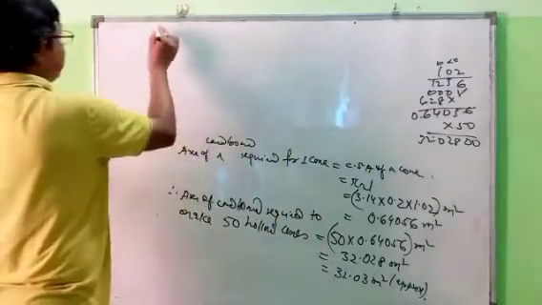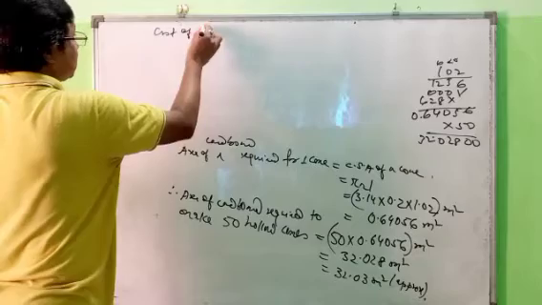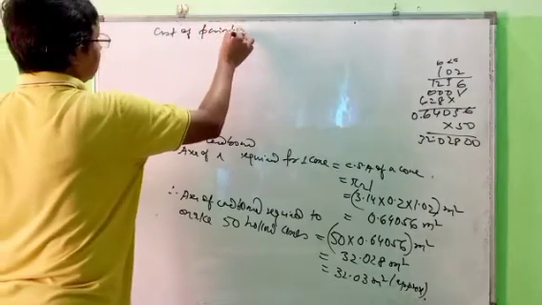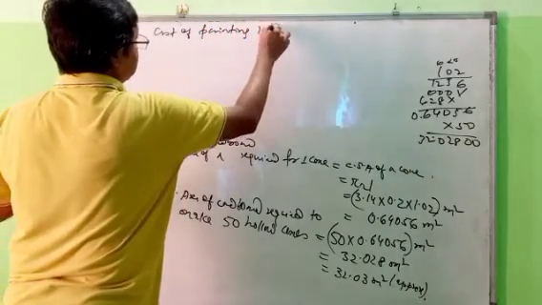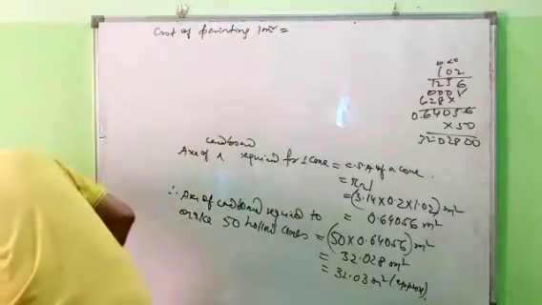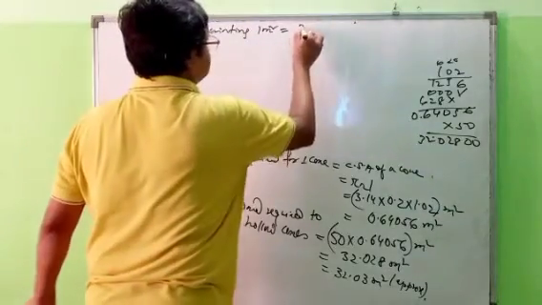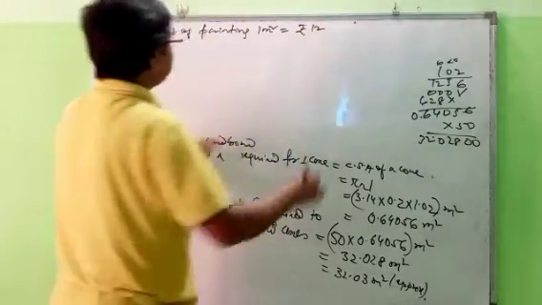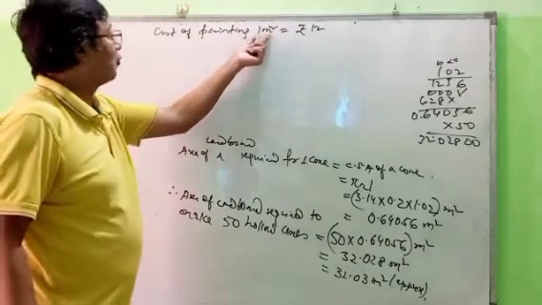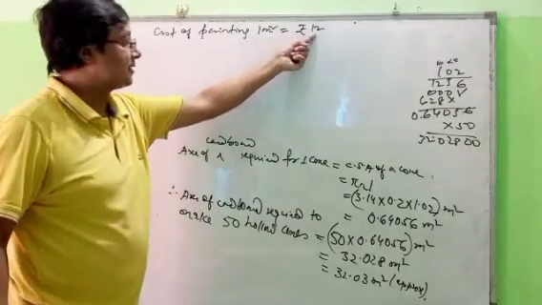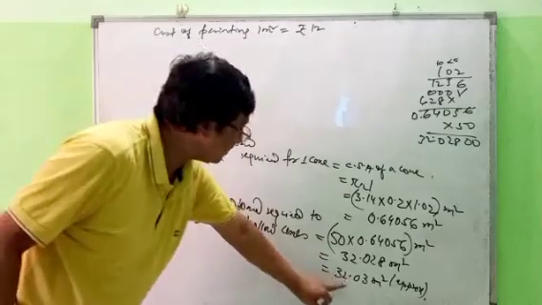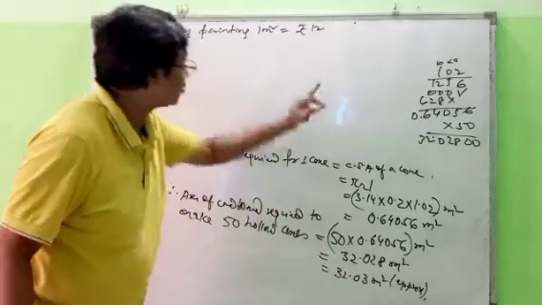So the cost of painting 1 square meter is equal to rupees 12. So it is given rupees 12. Just for painting 1 square meter, the total cost is 12. So for painting this much area, the cost will increase.